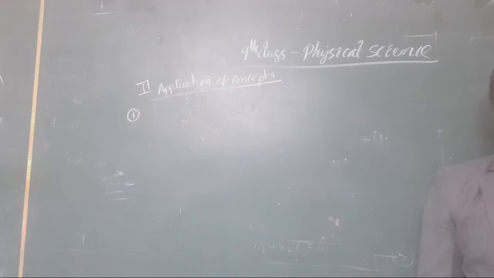And for what angle of incidence will the angle between the reflected ray and refracted ray be 90 degrees? Once again I repeat it: for what angle of incidence will the angle between the reflected ray and refracted ray be 90 degrees.